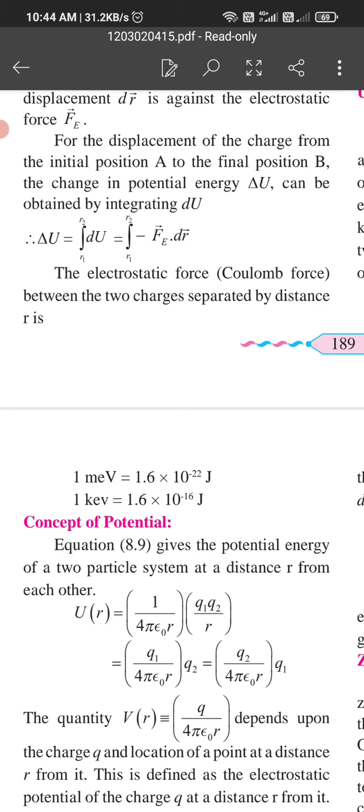Concept of potential, that is U of R is equal to 1 upon 4 pi epsilon naught Q1 Q2 upon R. So Q1 upon 4 pi epsilon naught R into Q2 is equal to Q2 upon 4 pi epsilon naught R into Q1. So quantity V of R is equal to Q upon 4 pi epsilon naught R, depends upon the charge Q and located at a point at a distance R from it.